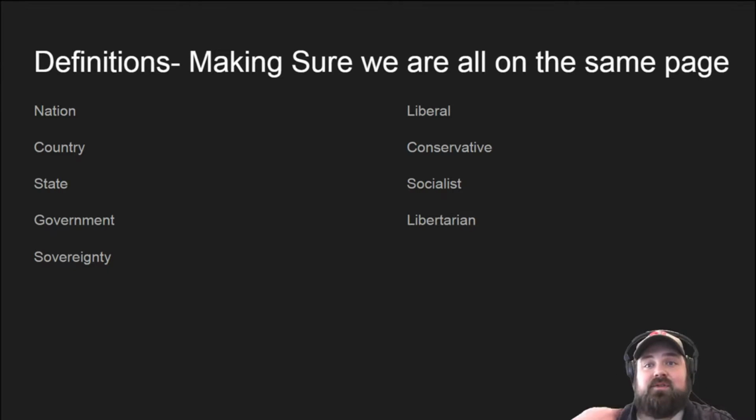So that's what libertarian is going to be, much closer to the international definition of liberal. So those ideologies are the main sorts of ideologies that run through American politics. And we're going to dig a little bit deeper into that in the weeks to come. But for right now, I just want to make sure we're all using those in the same way.